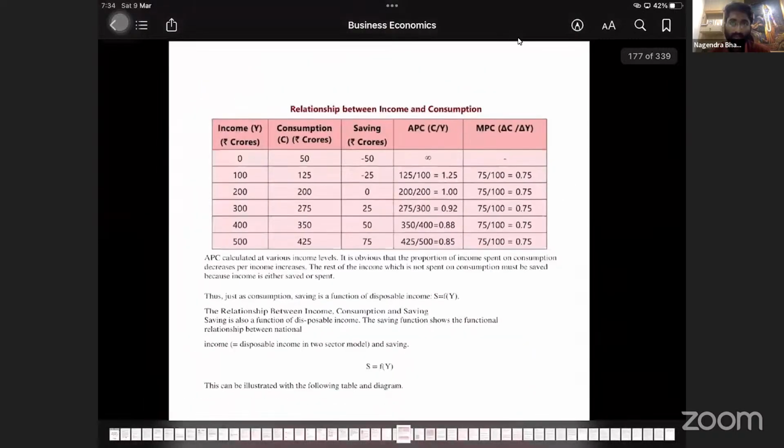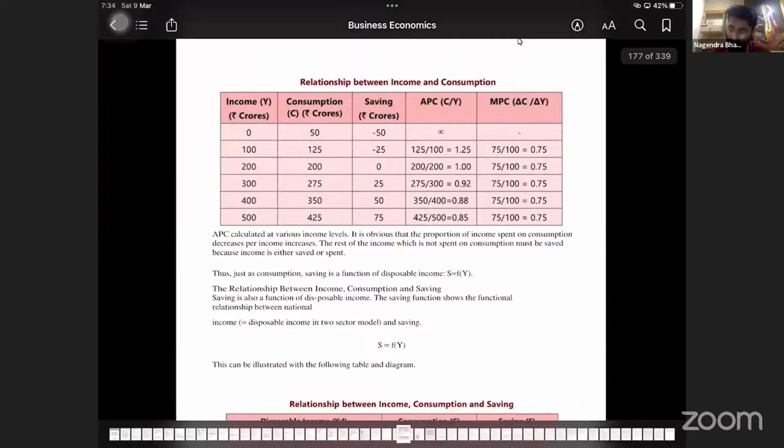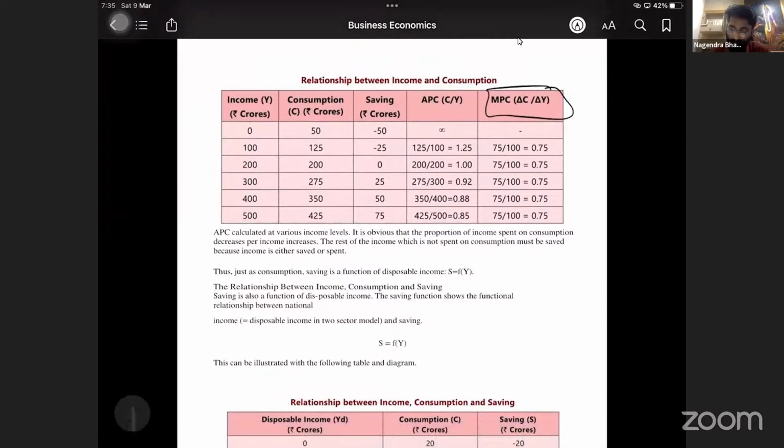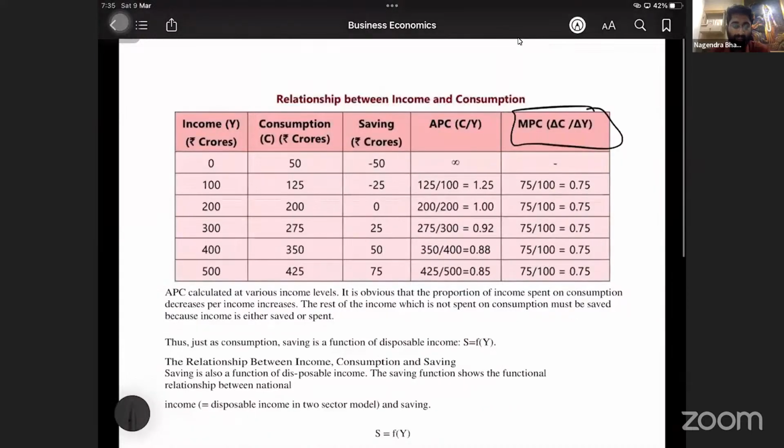First, we will calculate MPC. How to calculate MPC? Delta C divided by delta Y. What is delta Y here? Change in income is 100 rupees. But consumption increased by how much? Consumption goes from 50 rupees to 125 rupees.